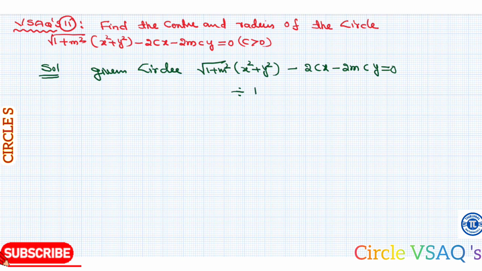First, divide the above equation by √(1 + m²) on both sides.